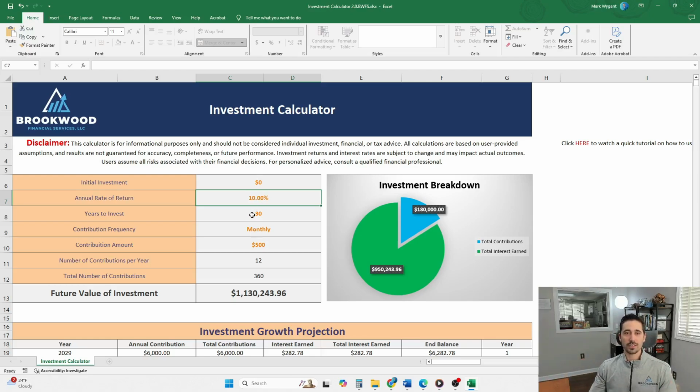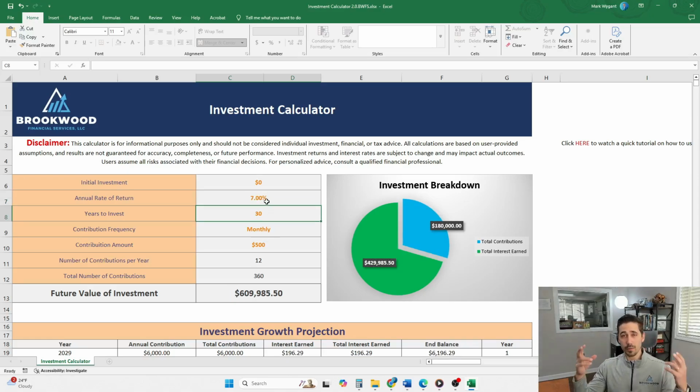So you'd want to go in here and subtract 2 or 3% from this to say, hey, I'm going to take 7% return because that's going to be my real rate of return. And so now, 30 years from now, the value of that investment would really be worth $609,000 in today's dollars. In other words, my purchasing power would be the equivalent in 30 years to what $609,000 would purchase today.